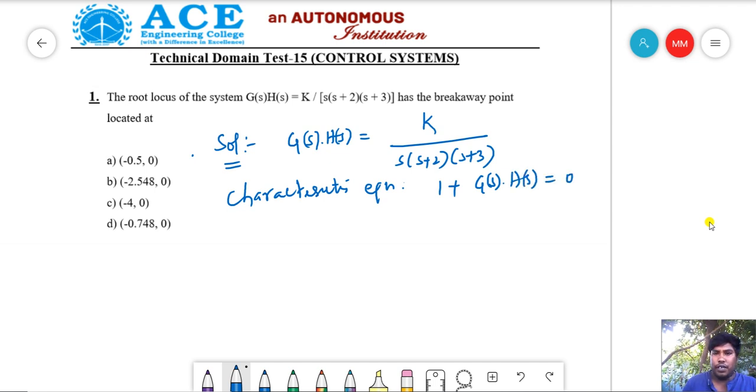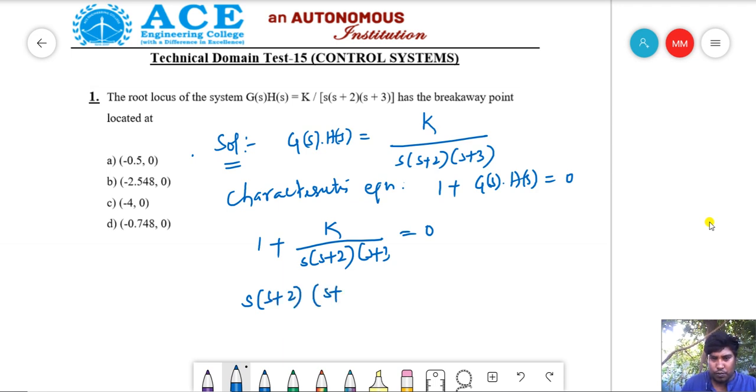So for the given transfer function we find the characteristic equation: 1 + K / (s(s+2)(s+3)) = 0. So s(s+2)(s+3) + K = 0. Now multiply this: (s² + 2s)(s+3) + K = 0.